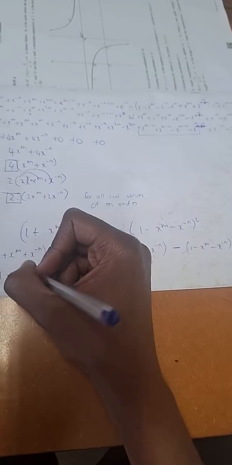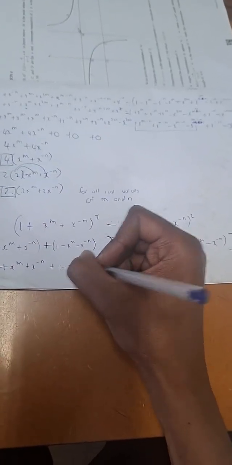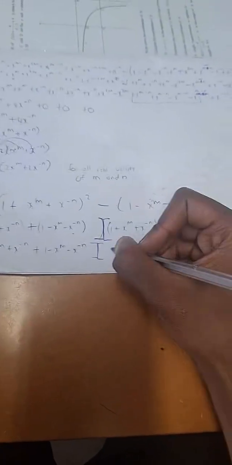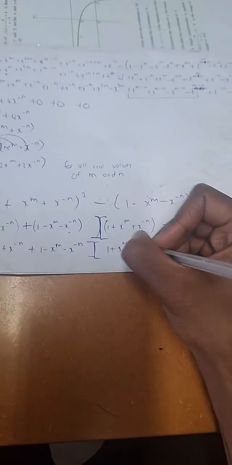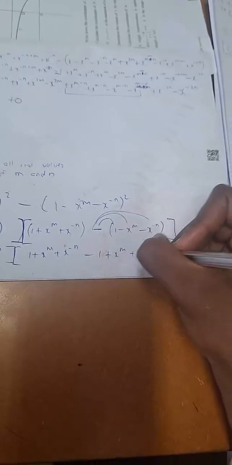1 plus x to the power m plus x to the power negative n, plus 1 minus x to the power m minus x to the power negative n. So you can add and subtract the like terms in this first bracket. 1 plus x to the power m plus x to the power negative n. We take this negative sign, we distribute it, we check what we get: negative 1 plus x to the power m plus x to the power negative n.